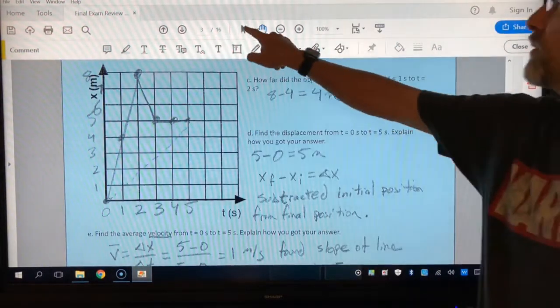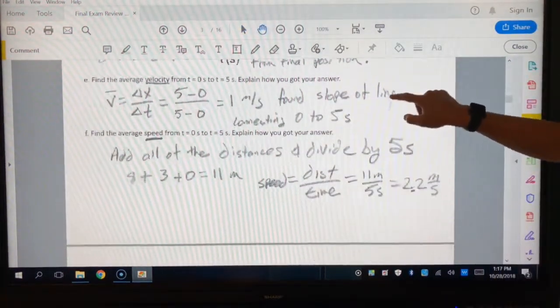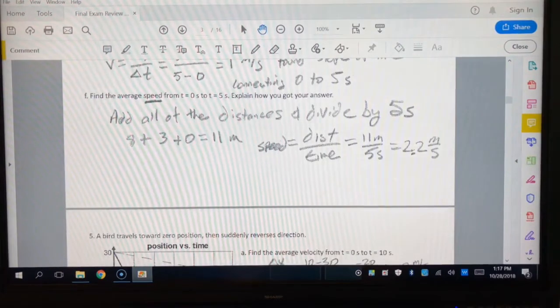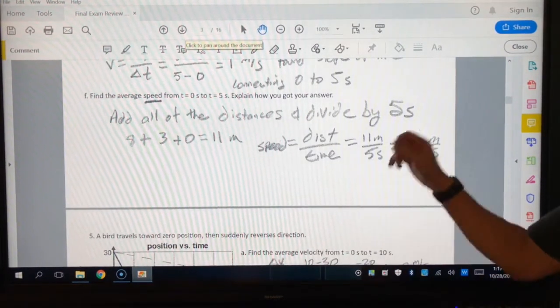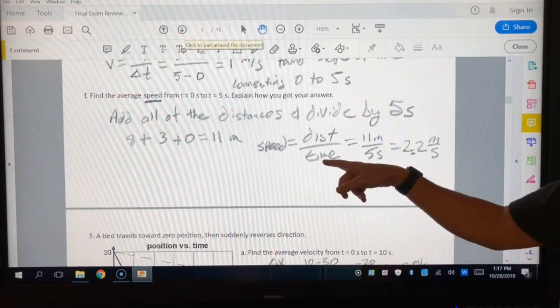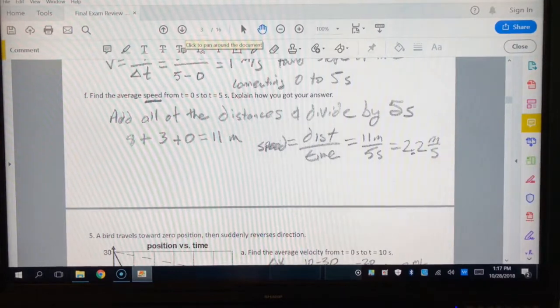After we find the average velocity, they want us now to find the average speed. Remember, speed is equal to the path length divided by time. So we have to add all of the distances and divide by 5 seconds.